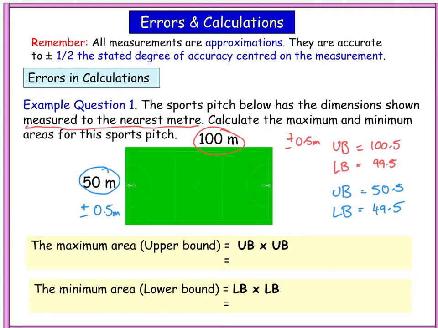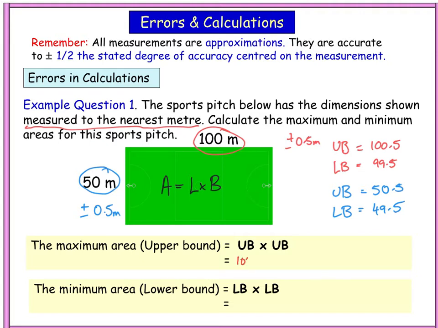Because we know that if we want to find the area, it's the length times the breadth. If we want to find the maximum area, then what we want to do is find the biggest value of the length and multiply it by the biggest value of the width, or the breadth, sorry. In other words, I want the upper bound of the length times the upper bound of the width. So we've already worked this out, and that's why it's good to do this at the side.